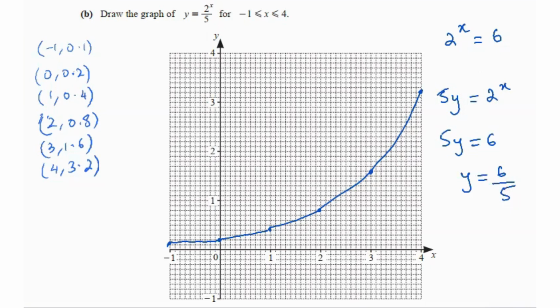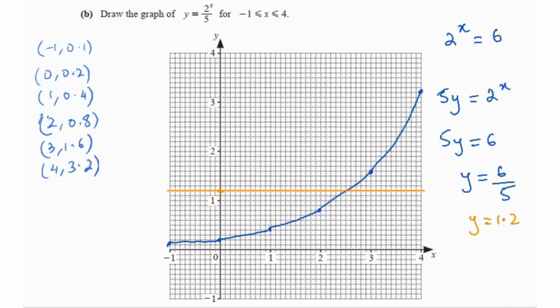So we draw a line at y equals 6 over 5. So that's 1.2. So I'm going to take a different color over here. y equals 1.2. And if we draw the line, 1.2 is this one. So this is the line.